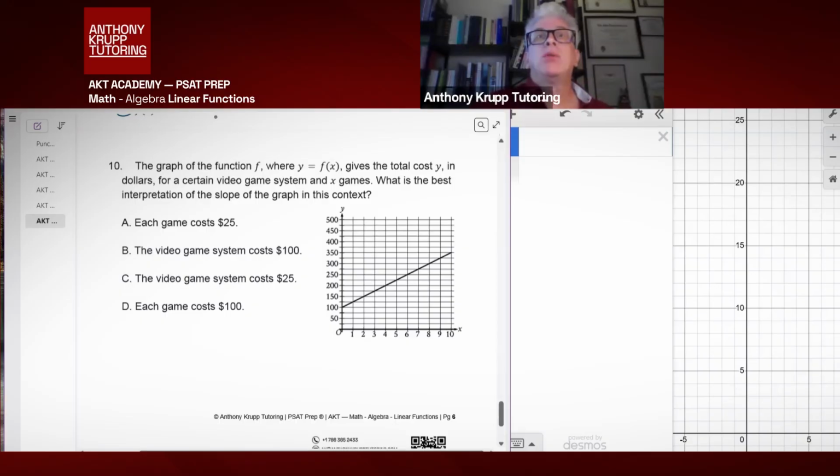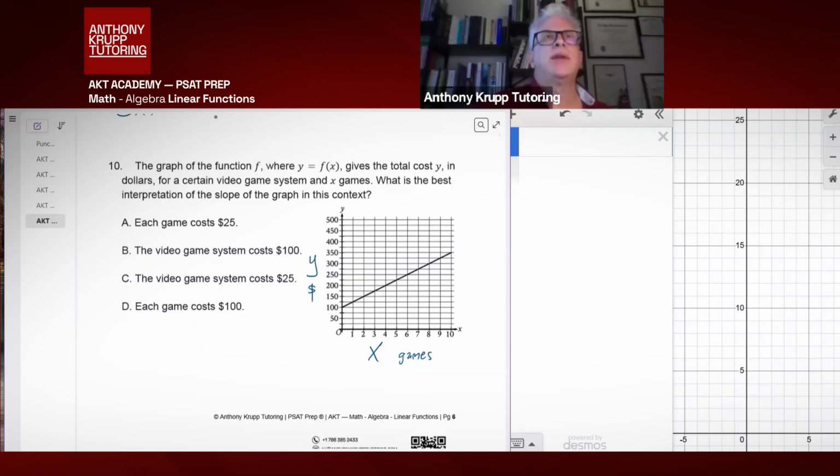All right, so we have a total cost, Y in dollars. So here's the number of dollars, Y dollars, for a certain video game system and X games. So X is the number of games and Y is the number of dollars, right? And again, they want to know the slope. Okay. Well, let's see here. Oh, right. There's a video game system.